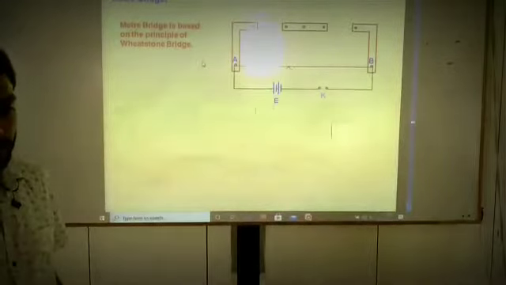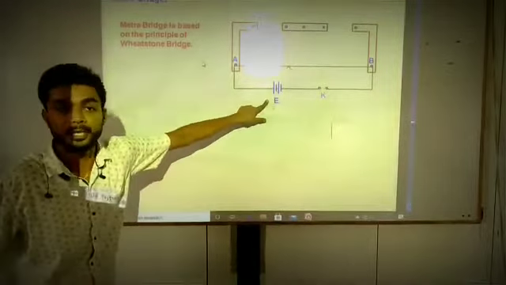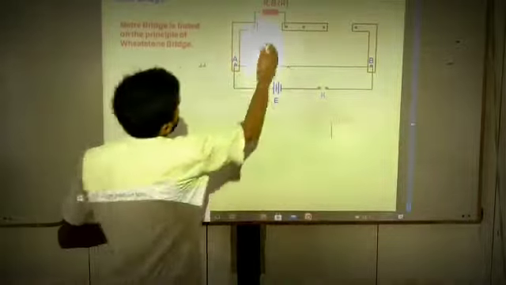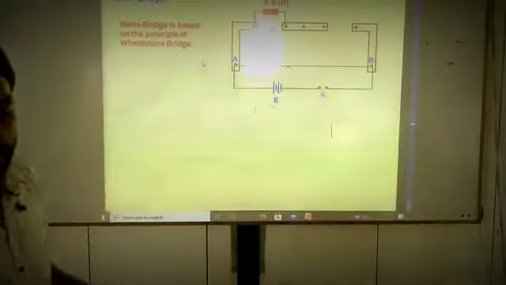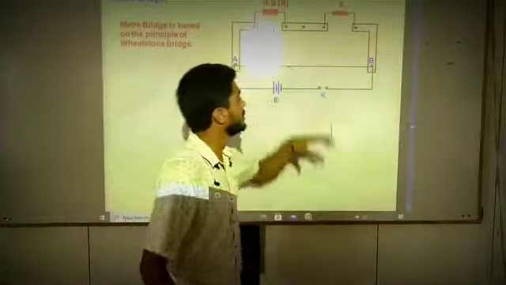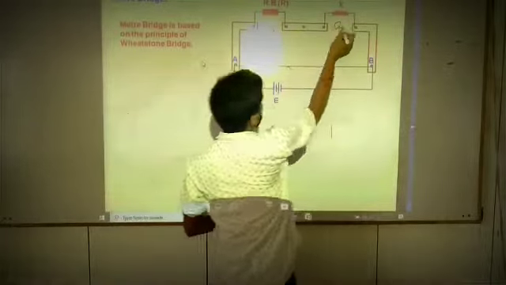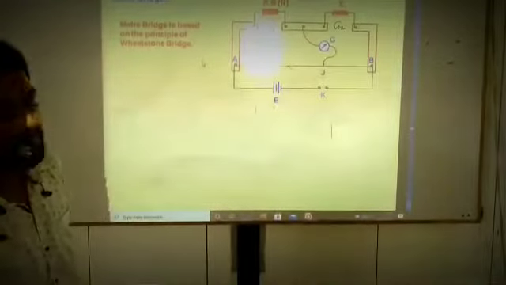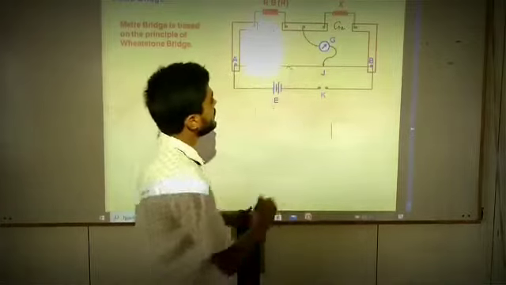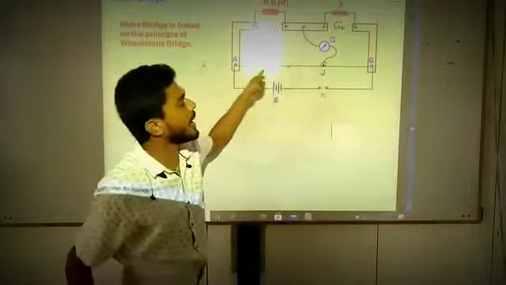Next, wire AB is connected to the operating battery with EMF E. A resistance box is connected across the gap G1, and the unknown resistance which you want to find out will be connected across the gap G2. There will be a galvanometer between G1 and G2, connected by a jockey at any point on the wire AB.